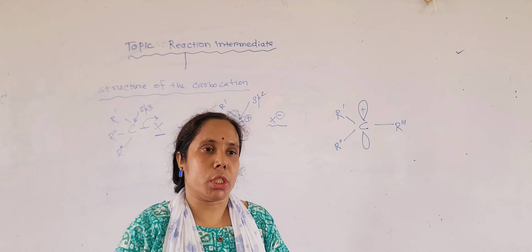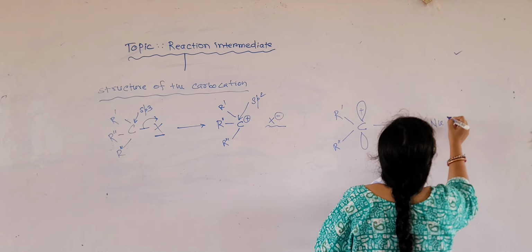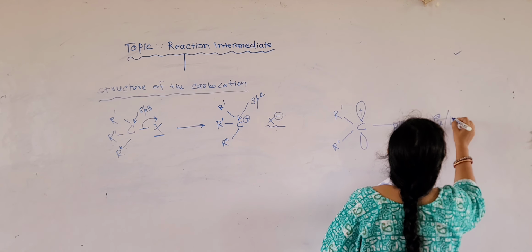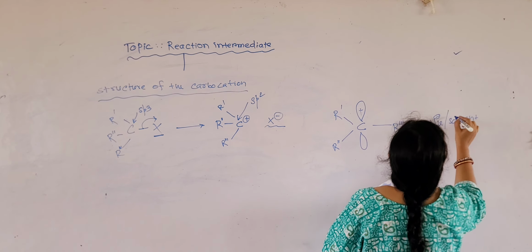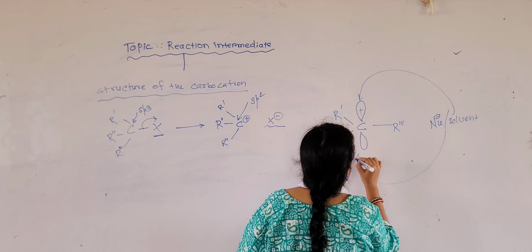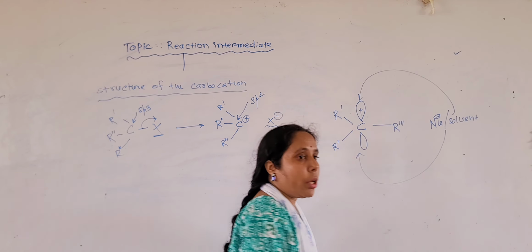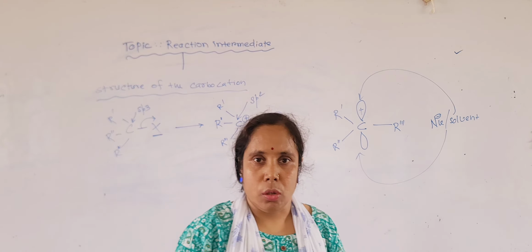From both sides, meaning a nucleophile or any solvent that has a lone pair can attack above the plane or below the plane. So there is a high chance of getting a mixture of products.